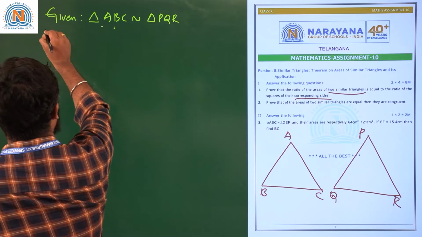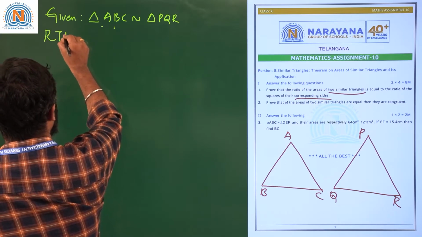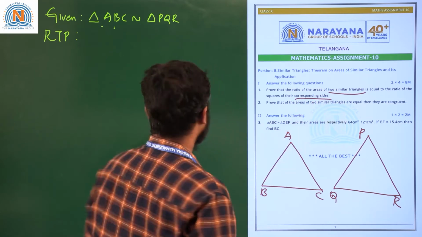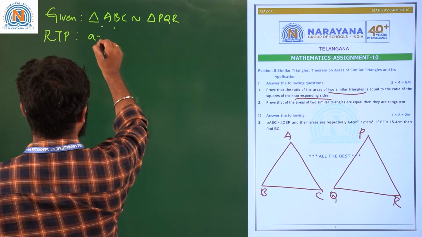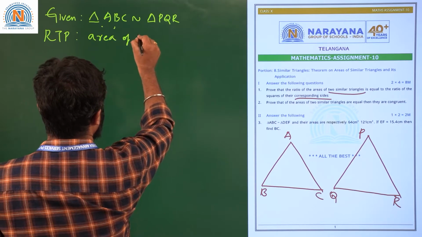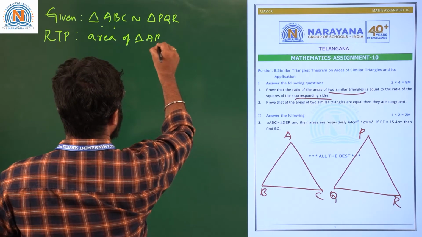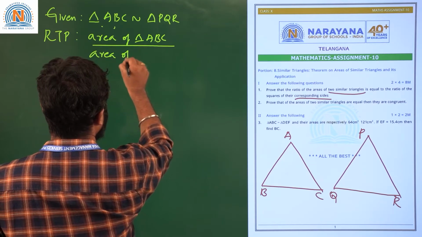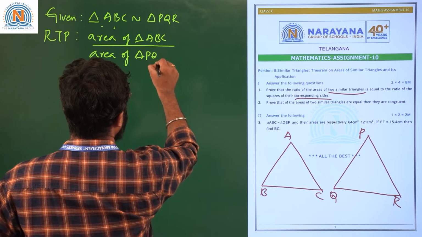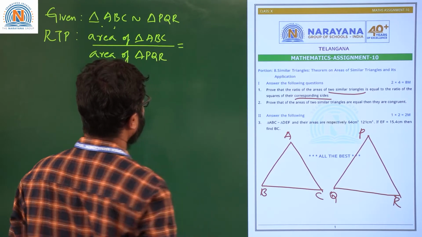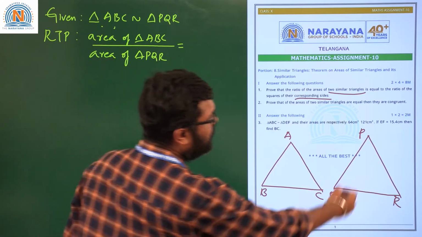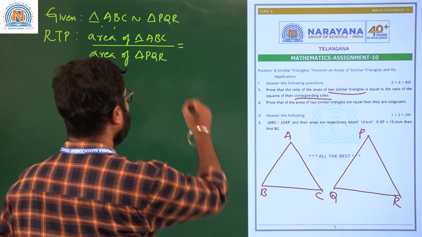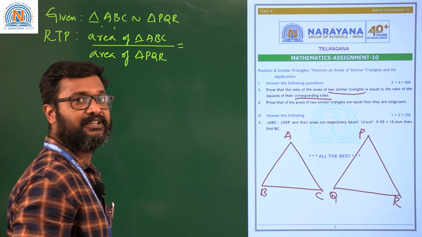Now, what do we need to prove, children? The ratio of the areas. So we need to take the ratio of the areas of the two triangles: area of triangle ABC by area of triangle PQR is equal to, what children? The ratio of the squares of their corresponding sides.